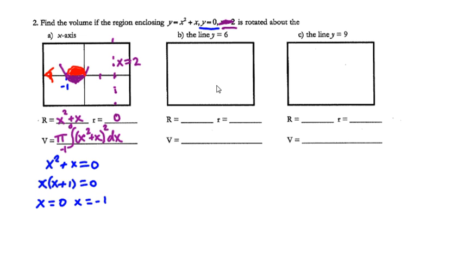All right. Next, about the line y equals 6. Now again, we're talking about the same function. I'm drawing the one we had on the left, and we have here on the right our y-axis. We have our little piece of function here that's a little below the x-axis.